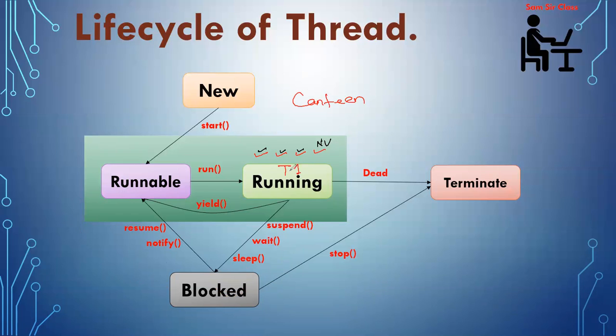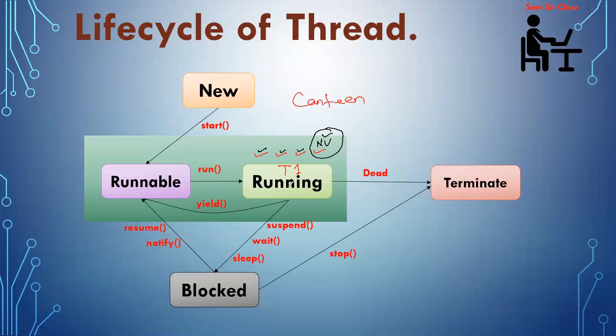Till T1 gets this item, T1 will not consume food. That means for execution, T1 needs another resource which is currently not available because it is used by someone else. Clear? So T1 will not complete its execution, which means it will block the CPU.